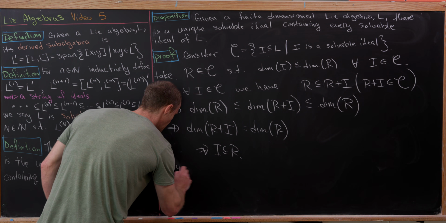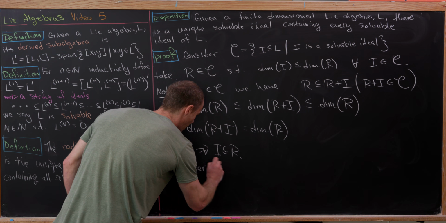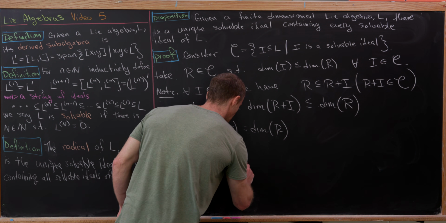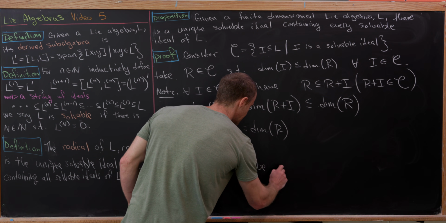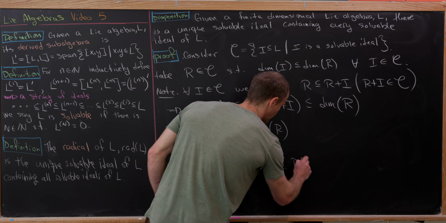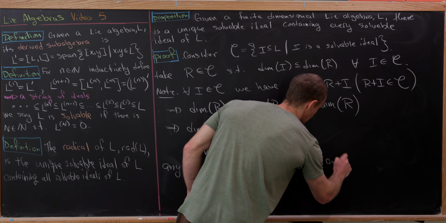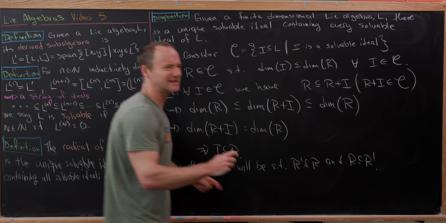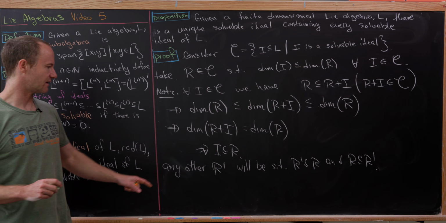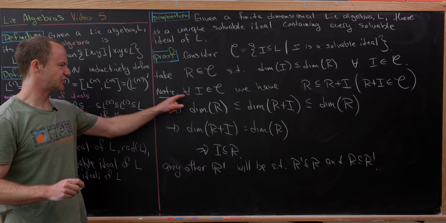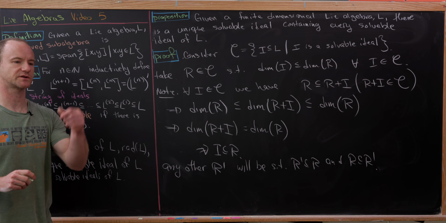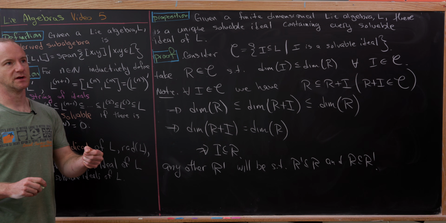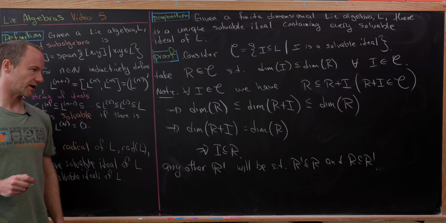So any other R prime that achieves the maximum dimension will be such that R prime is a subset of R and R is a subset of R prime. But that means that they have to be the same. And that's by this condition right here, just doing these two things in reverse: one where R prime is playing the role of the maximum dimension and one where R is.